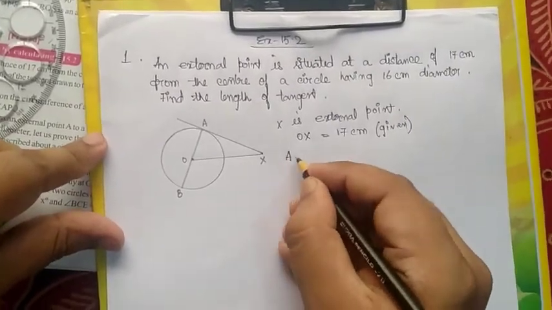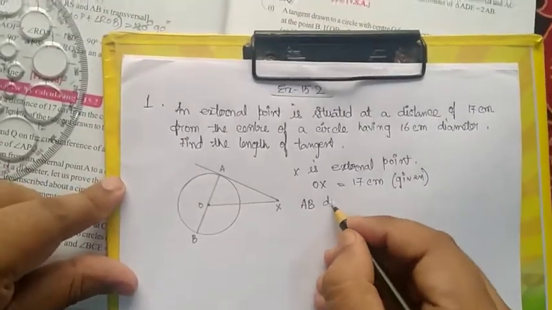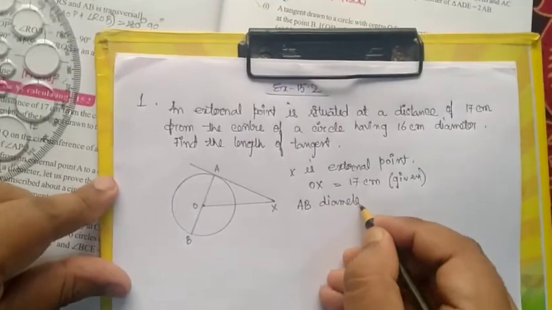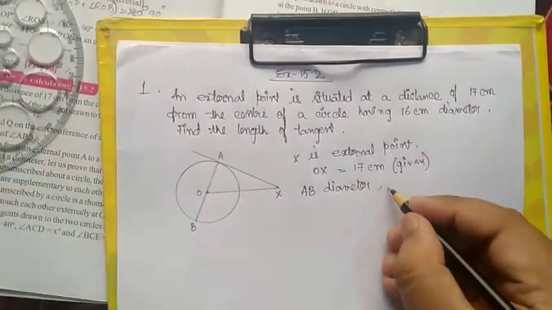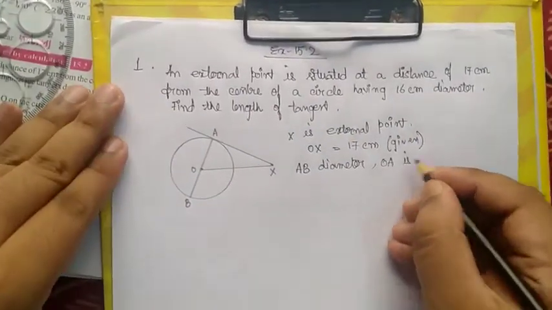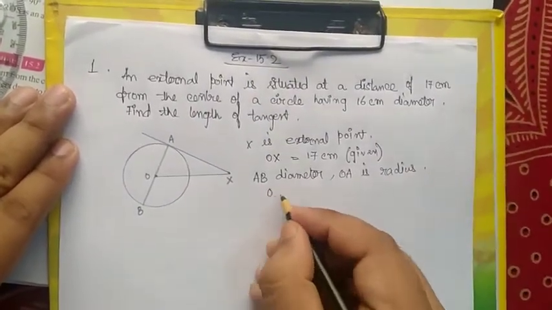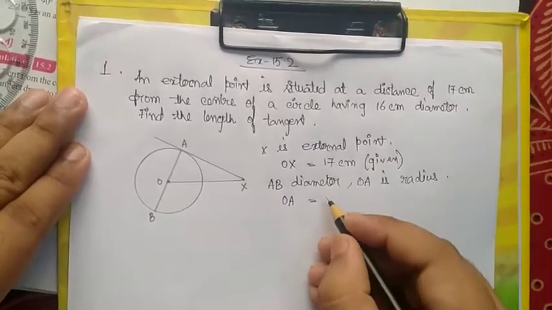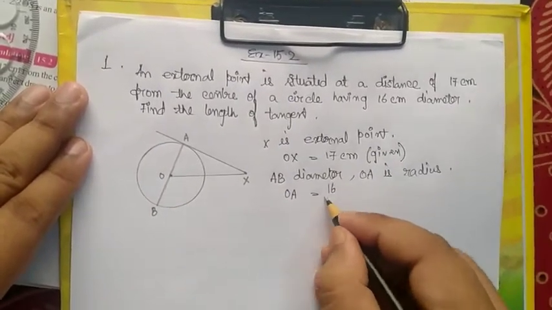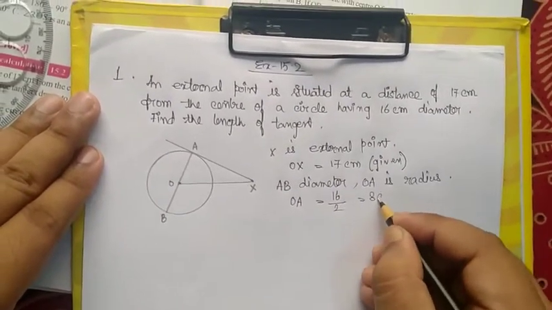AB is the diameter. If AB is the diameter, OA is the radius. So OA equal to diameter by 2, which means 16 by 2 equal to 8 centimeter.